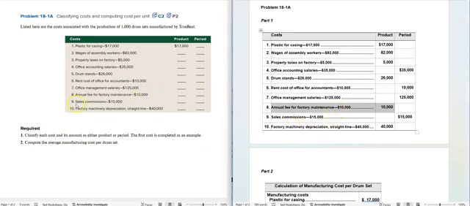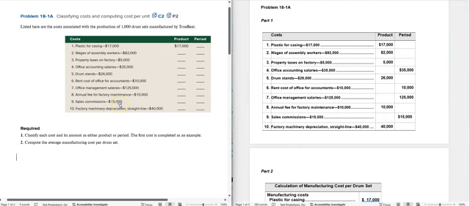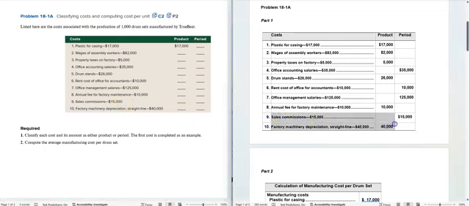Okay. Sales commissions. Sales commissions are not a cost of making the product. They're a cost of selling. So if they weren't making the product, they would still need a sales department. So even if they got rid of the factory, they would still have to pay their salespeople, right? Their salespeople would still be going out and selling.